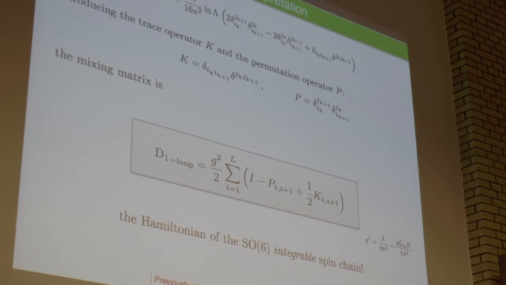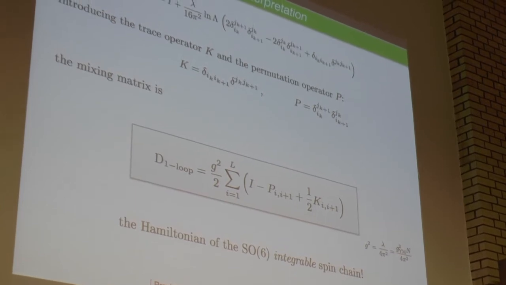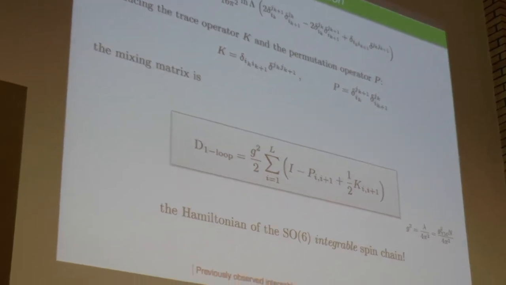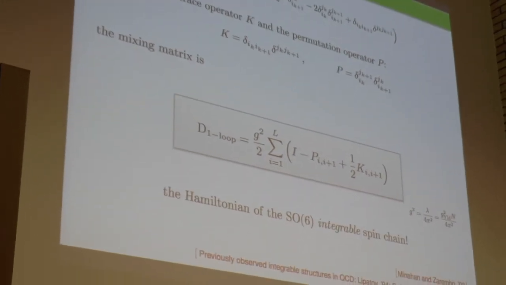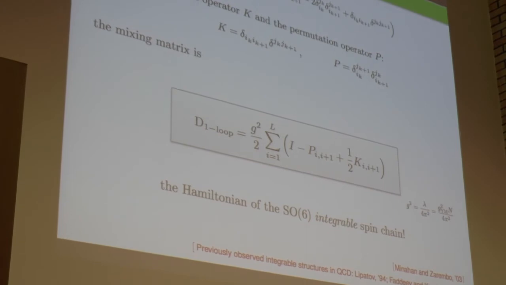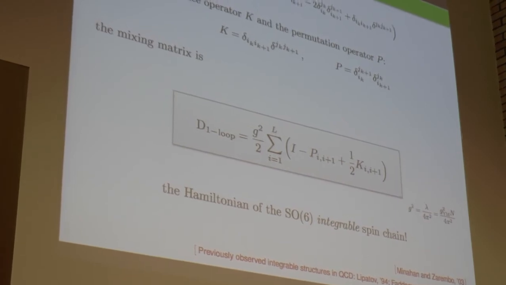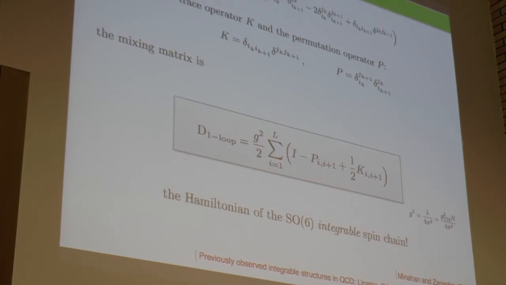So this is the structure of this mixing matrix. It contains identity. It contains a permutation of neighbor excitations on the neighboring sites, site I and I plus 1, and it contains what is called K, the trace.